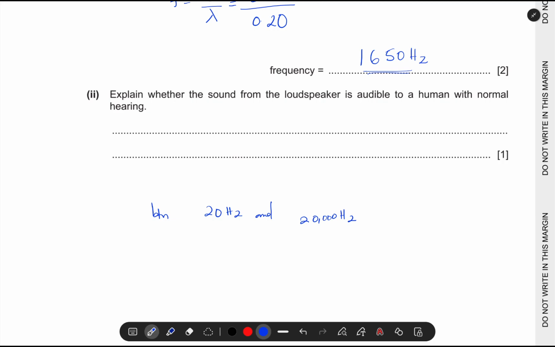Now, is this audible? Yes, because this value is between 20 and 20,000.